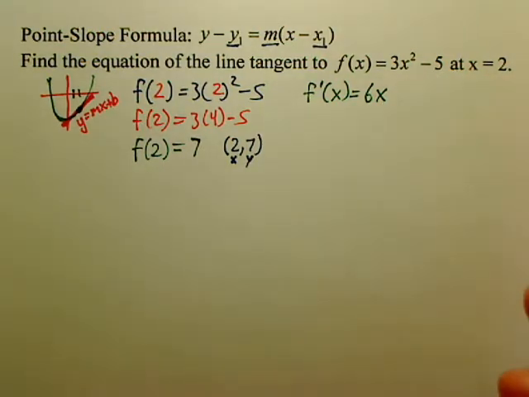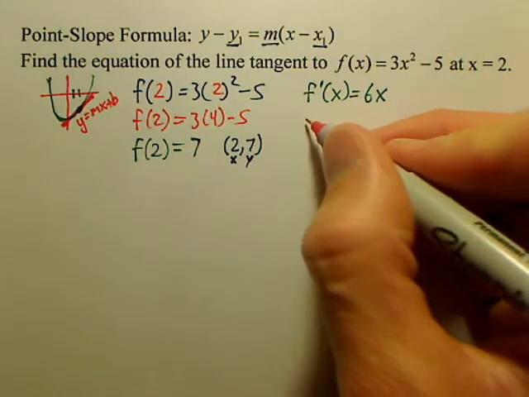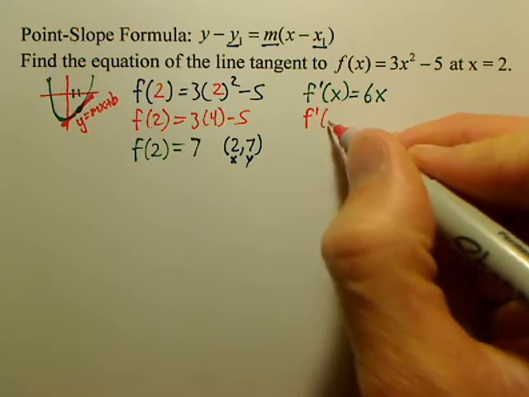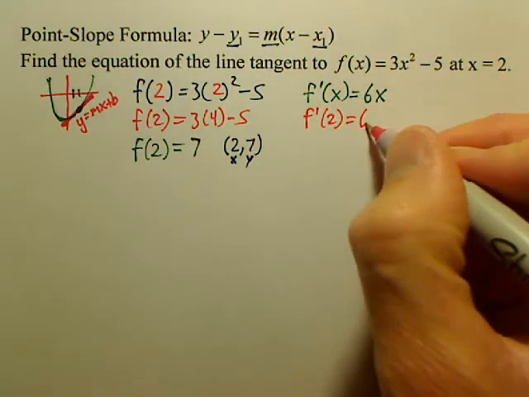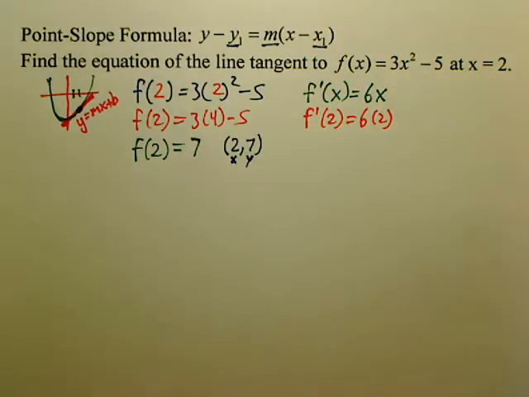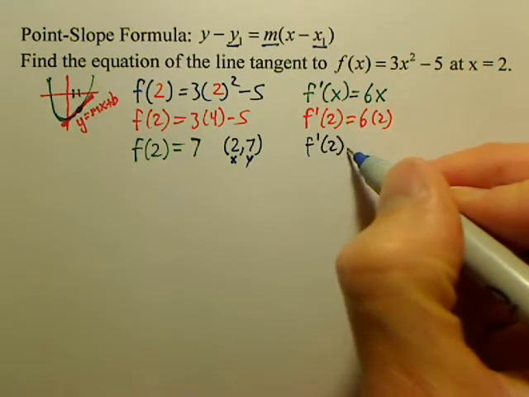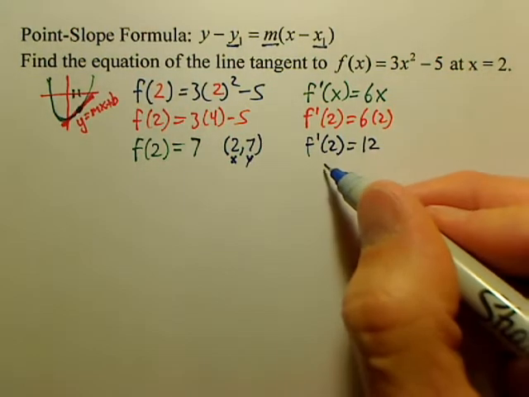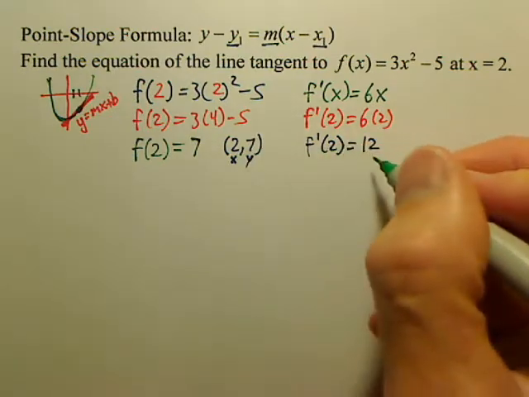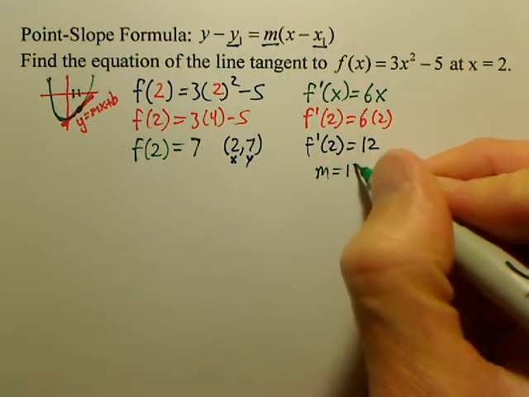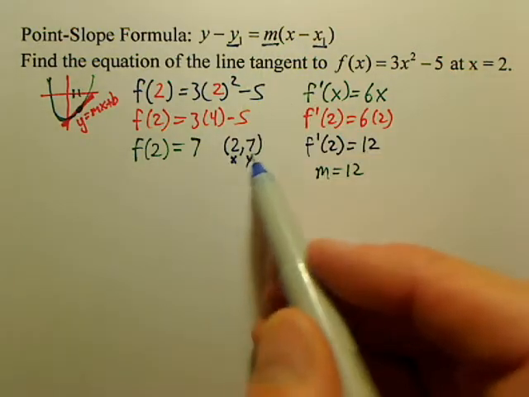Okay, and I want to find the slope where? At 2. So let's find the slope at 2, and put 2 in for x, that would be 6 times 2. So what is my slope at 2? My slope at 2 is 12, so m equals 12. So I have my m, my x and y.